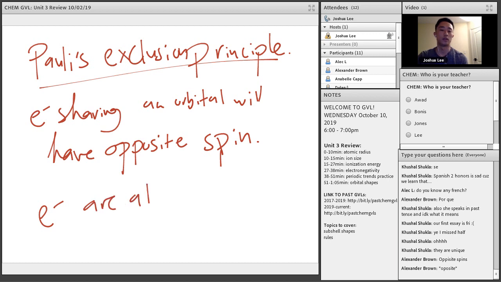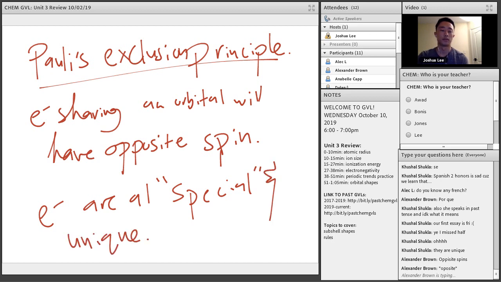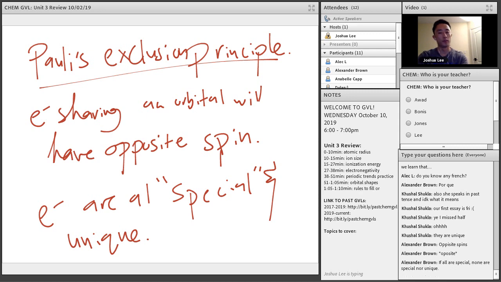Electrons are all special and unique. Perfecto. So those are the rules to fill orbitals.